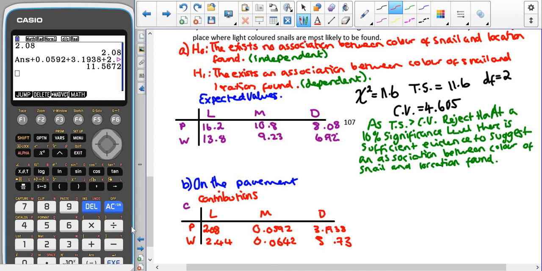There we go, and we end up with 11.6 again, rounded to 3 significant figures. So you can see that these contributions here, when we add them up, they give us our chi-squared value.